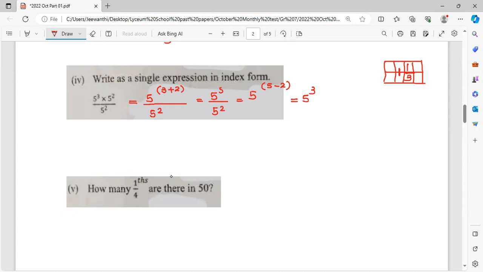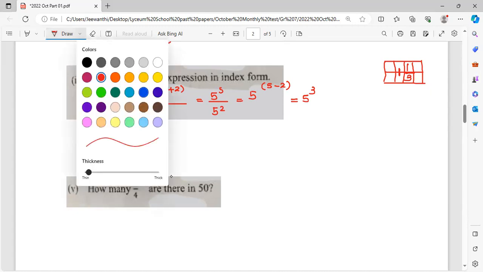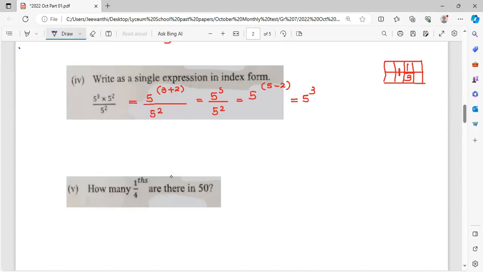Then shall I show you another method, as different students may have done it in different ways. In the second method, you can use 5 to the power 3 and 5 to the power 2, divided by 5 to the power 2. The 5 to the power 2 you cancel. The answer is 5 to the power 3.